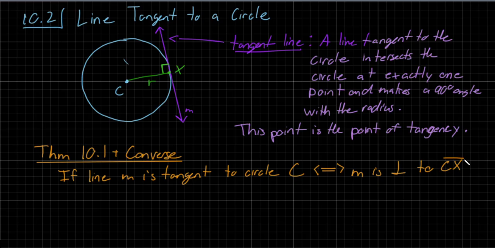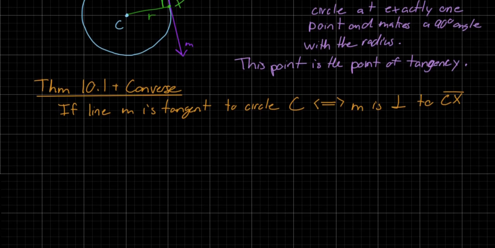And if I was thinking of the converse, I would go the other way. Ashley, what would the converse be? Yeah, perfect. That is our first theorem. And we're going to do an example with this theorem.